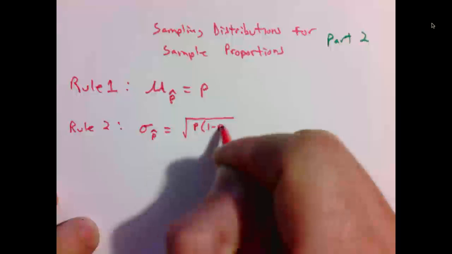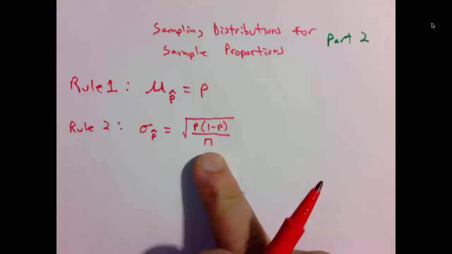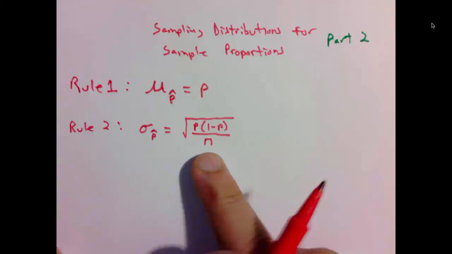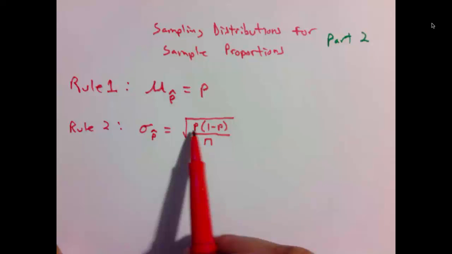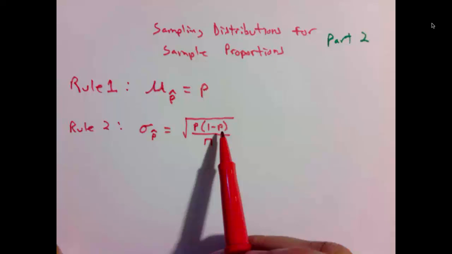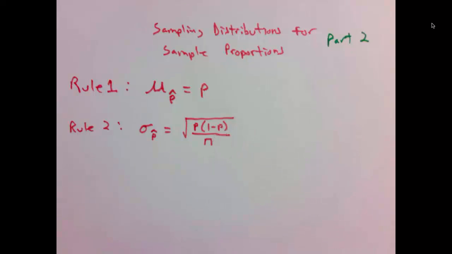So as our sample size gets greater, the spread of our distribution will be smaller. That makes perfect sense. And as our proportion is closer to 0.5, likewise that spread will be smaller.